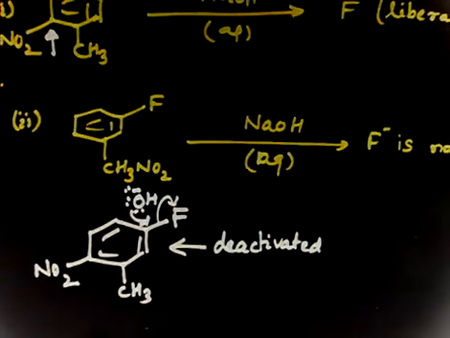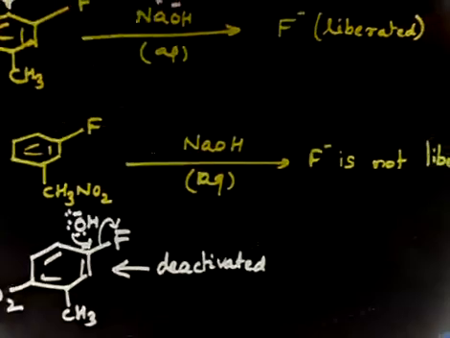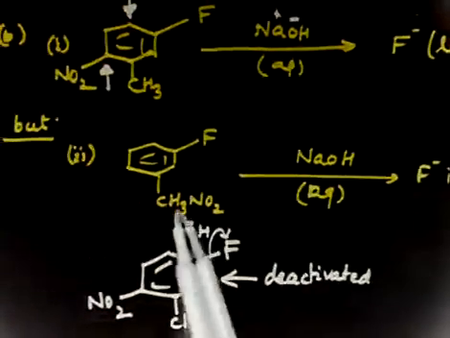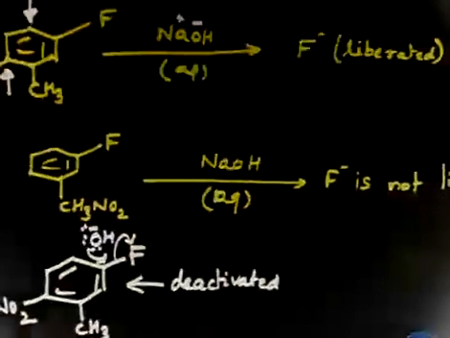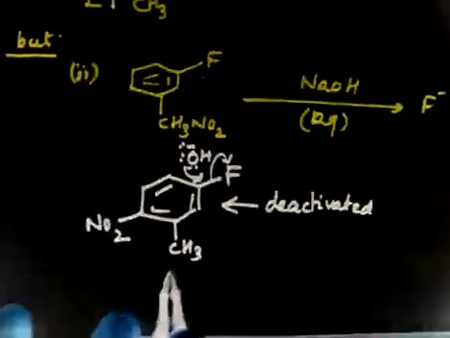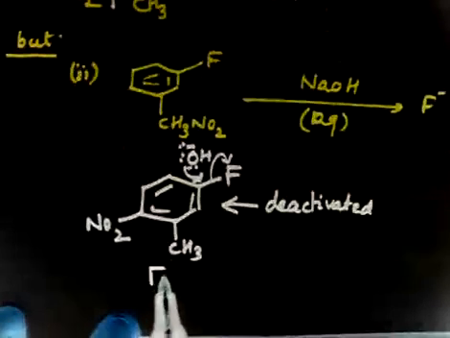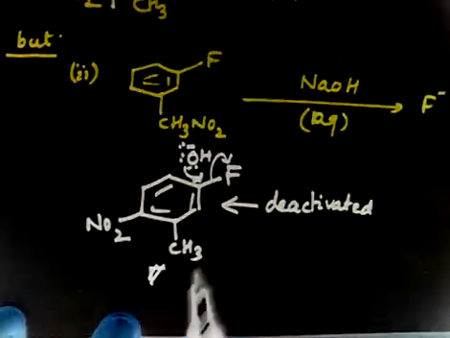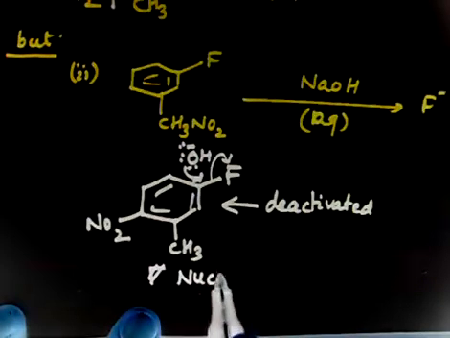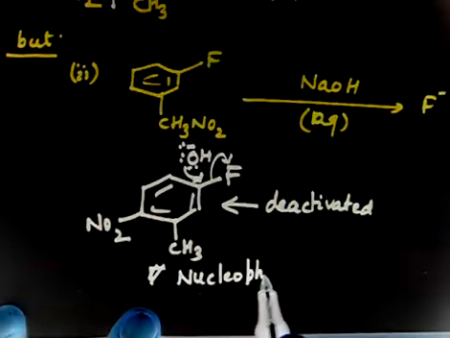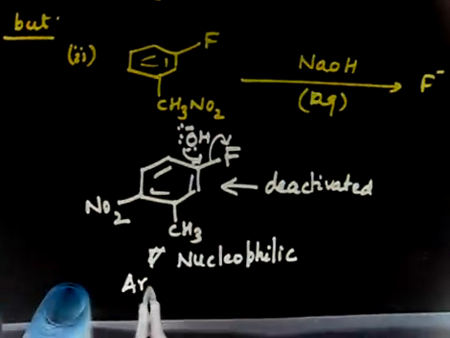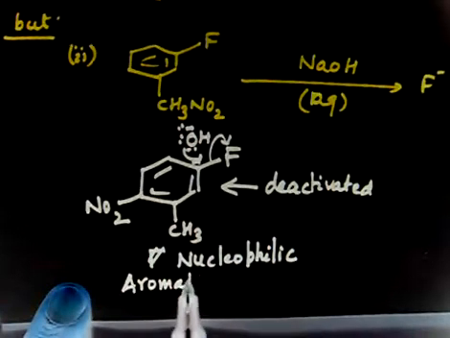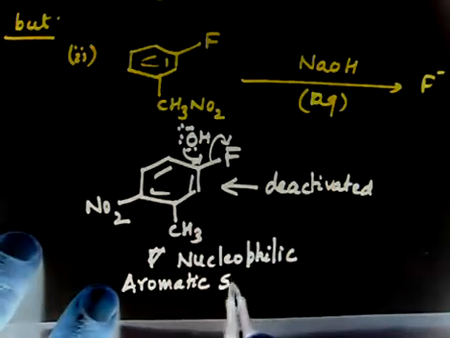Now in the next case, you do not have any NO2 group attached to the benzene. So this ring is not deactivated, so no nucleophilic aromatic substitution. In the earlier case nucleophilic aromatic substitution takes place.